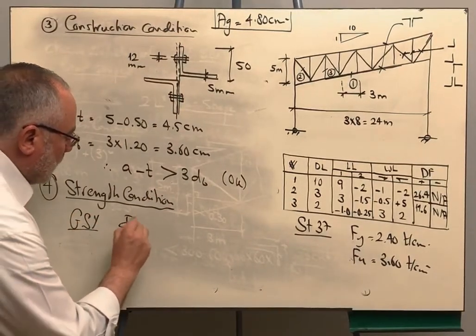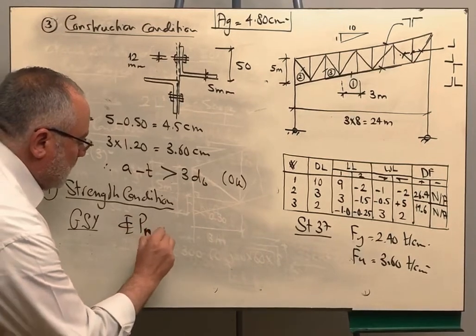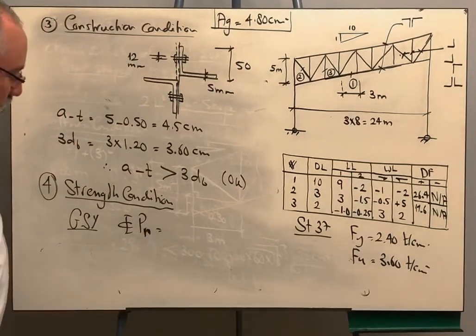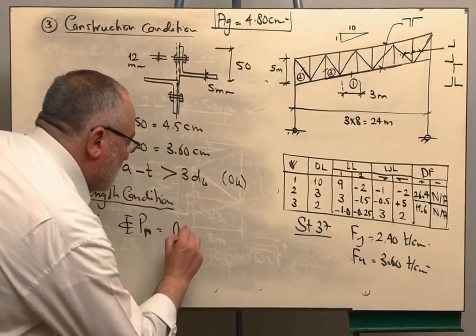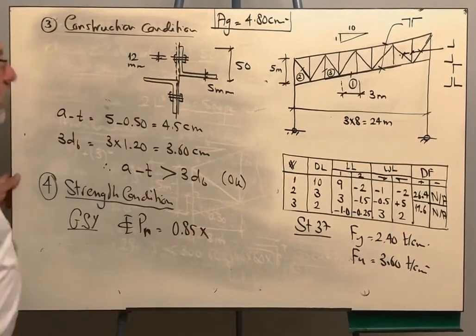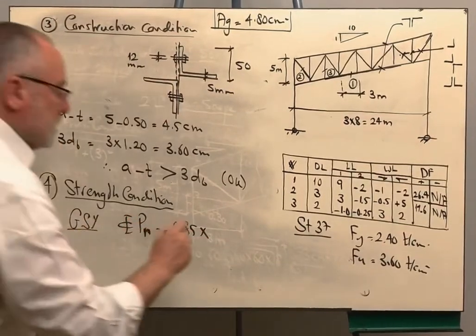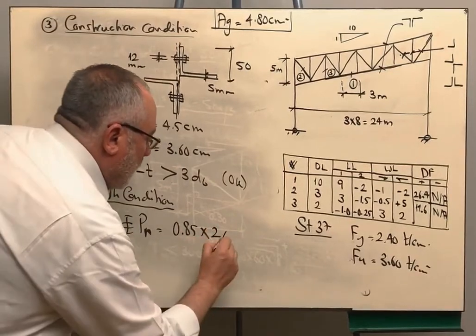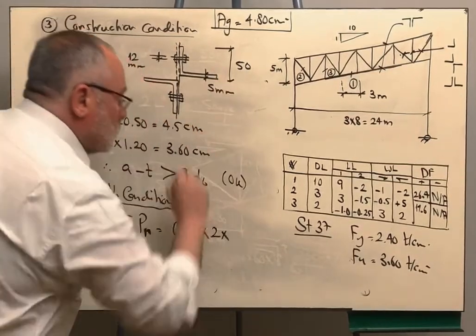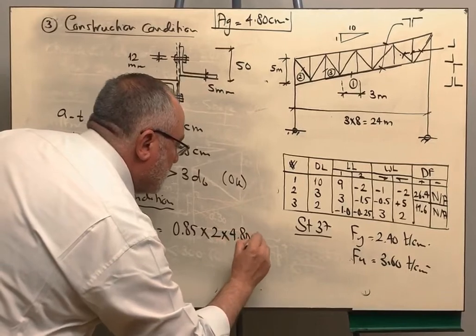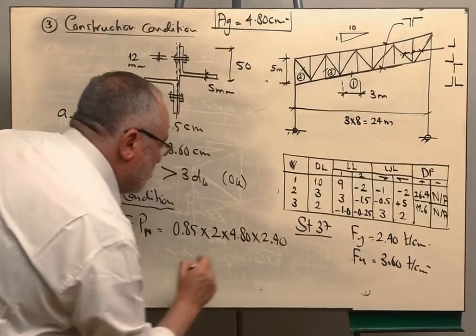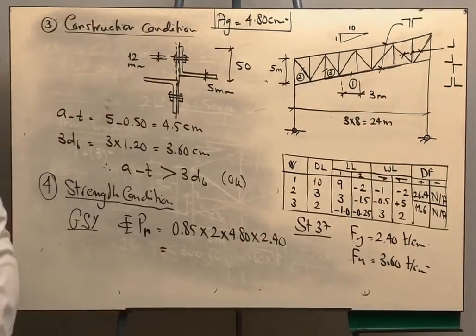We are having phi Pn. I want to see how much the angle can support. So the value of phi is 0.85, and we are having 2 angles in the cross section, so n is 2. And we are having the area gross of the angle is 4.8, and F yield for steel 37 is 2.4.